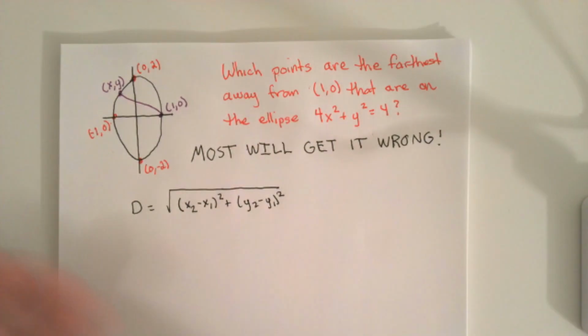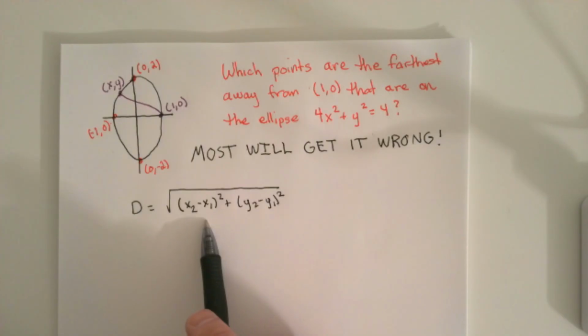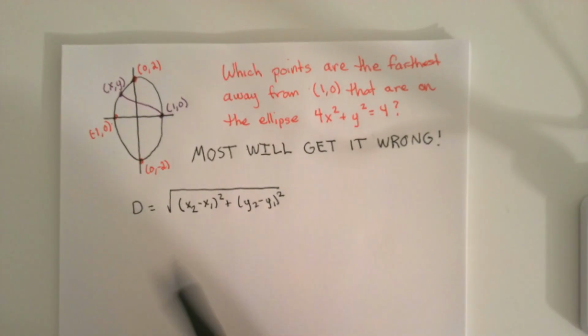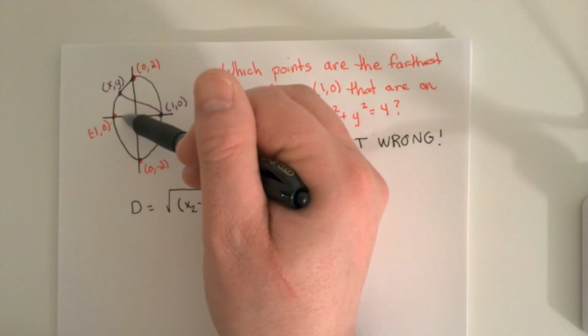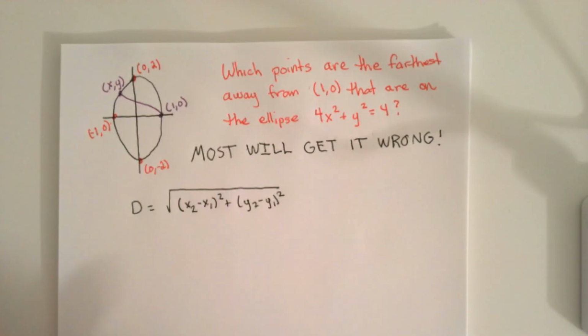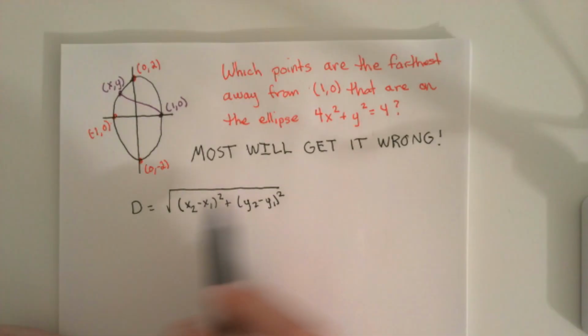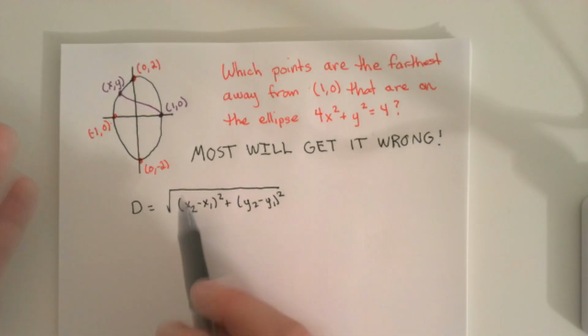This isn't terribly difficult to remember if you think of it as Pythagoras. Draw a line down here, you have a right triangle. It's just a squared plus b squared equals c squared, but we've taken the square root.